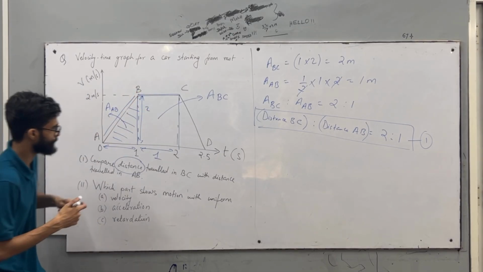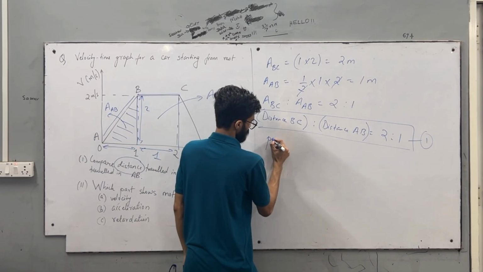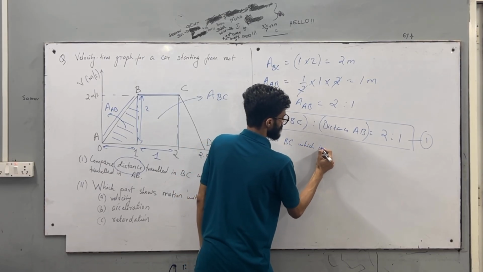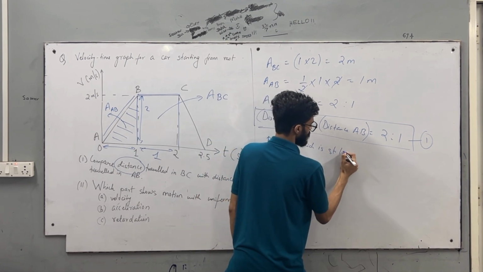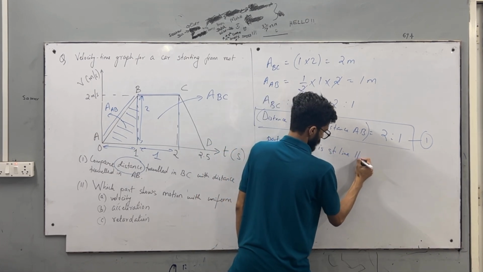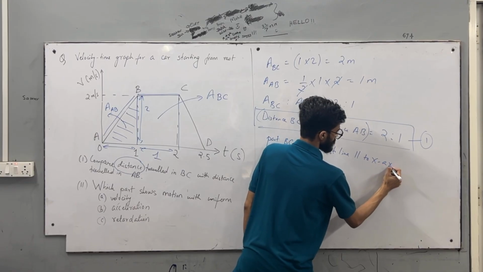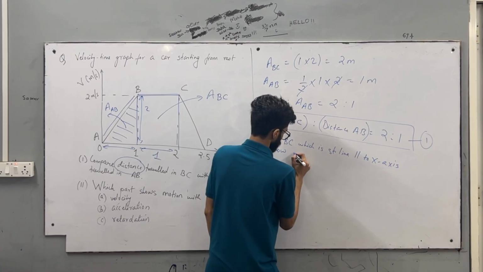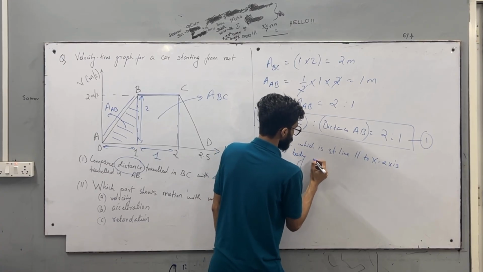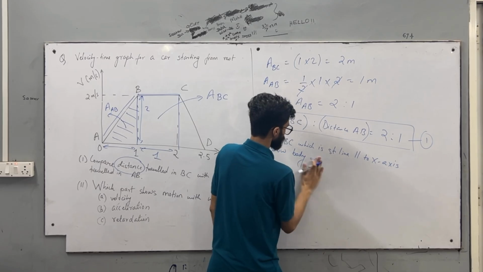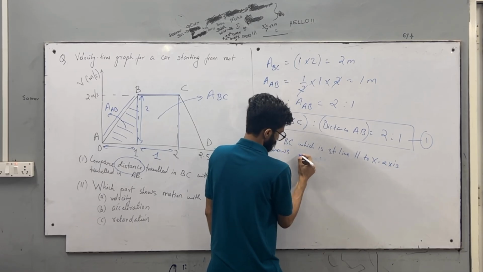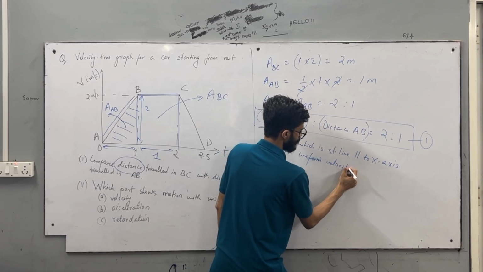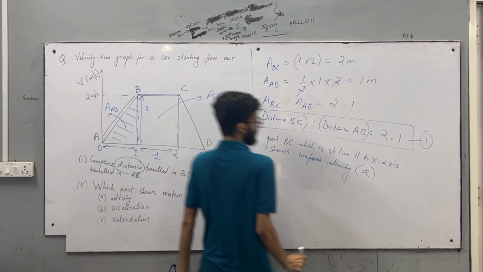So can I say part BC, which is straight line parallel to x-axis, shows uniform velocity. Is this my answer?